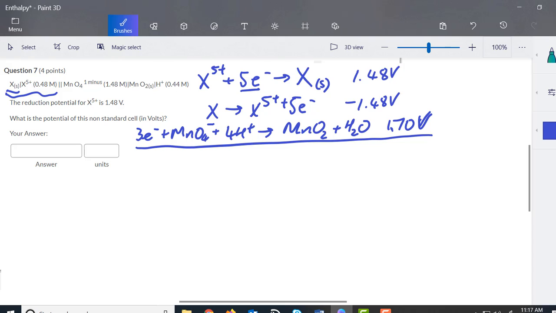Now to come up with the actual balanced equation here, I'm going to have to multiply this by 3 and multiply this one by 5.